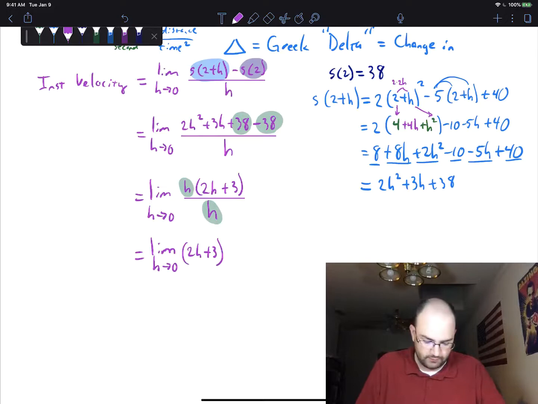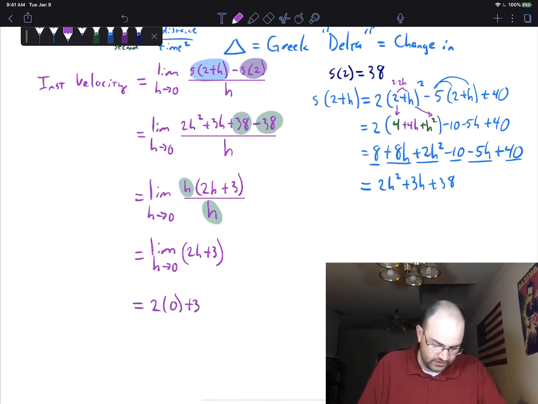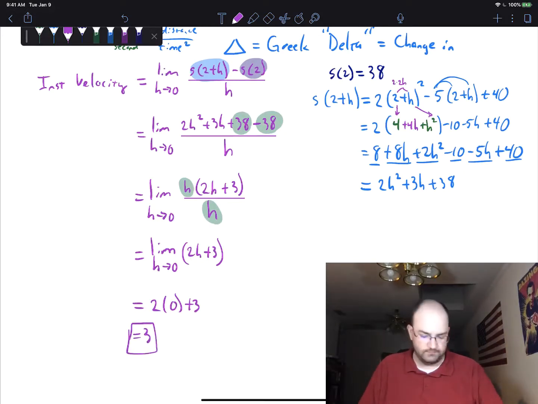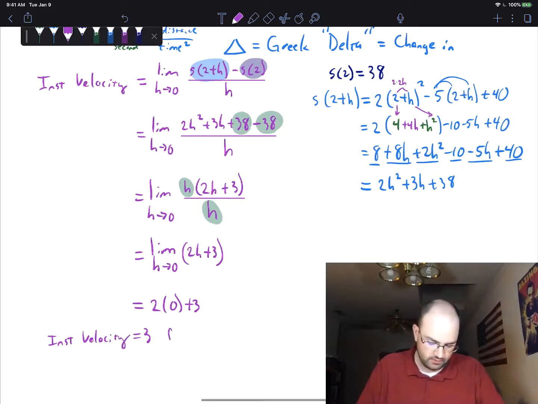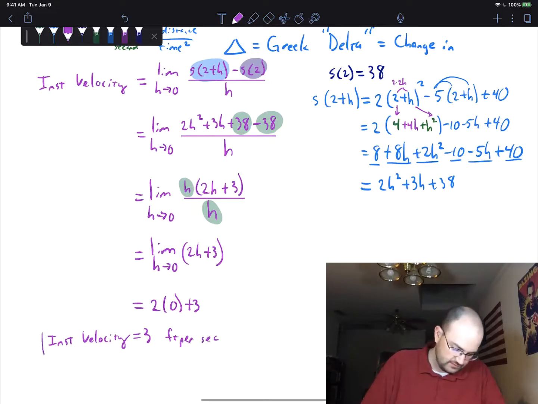Plug in the 0 for the h, because that's just a polynomial now, which gives us 2 times 0 plus 3, and that gives us 3. Good. Now, that tells me that the instantaneous velocity is 3, and remember the units here are feet per second.